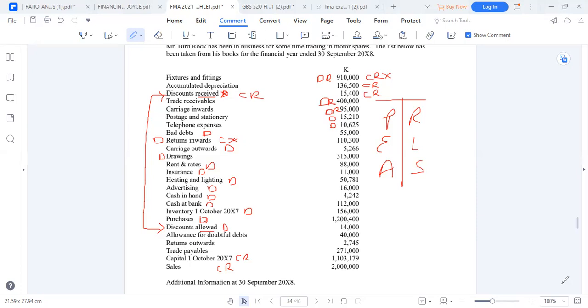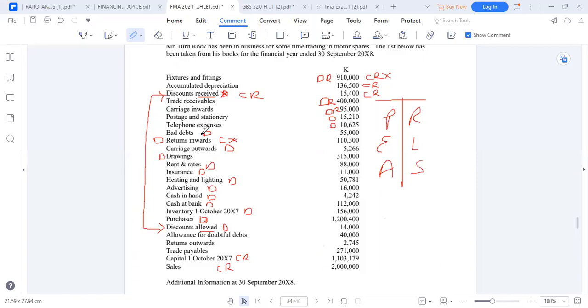Now, before I go into the adjustments, I want somebody to give me the format of our income statement. Maybe before you go there, Mr. Collins, could you kindly explain the carriage inwards and the carriage outwards?